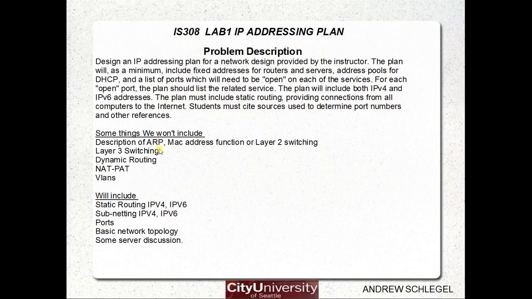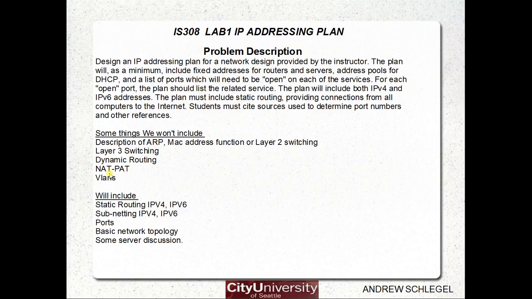Okay, so some things. This is, again, an introduction. It's a basic class, and there's some things we just won't be addressing or including in these networks, and that's description of ARP, MAC address functions, or layer 2 switches, layer 3 switching, dynamic routing, NAT and PAT, and VLANs.